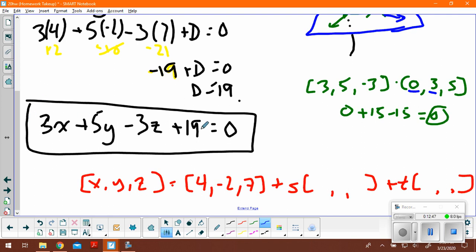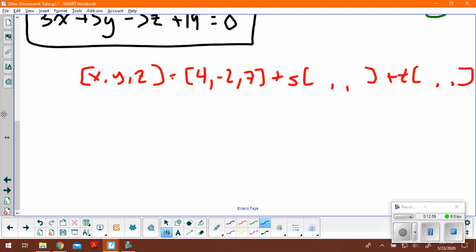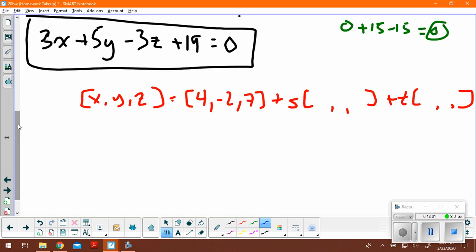The fact I have a 19 sitting here doesn't make this particularly nice to work with, but we'll play with it and figure something out. So for example, let's see what might work here.